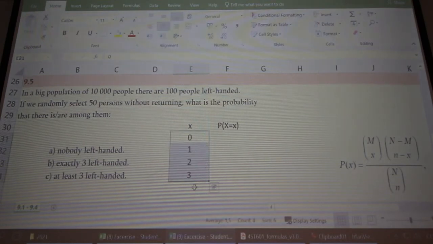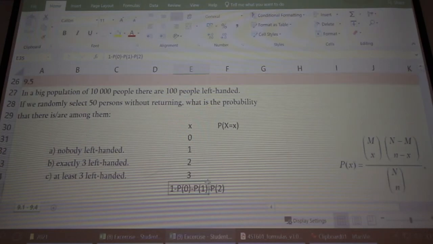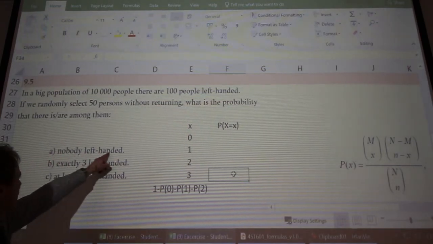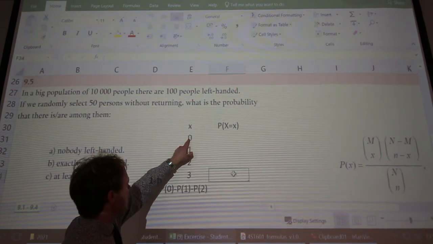And finally, we must calculate 1 minus P0 minus P1 minus P2. Wait a second. Okay, I will use this alignment. Why? Because nobody left-handed will be the probability that random variable x will be equal to 0.